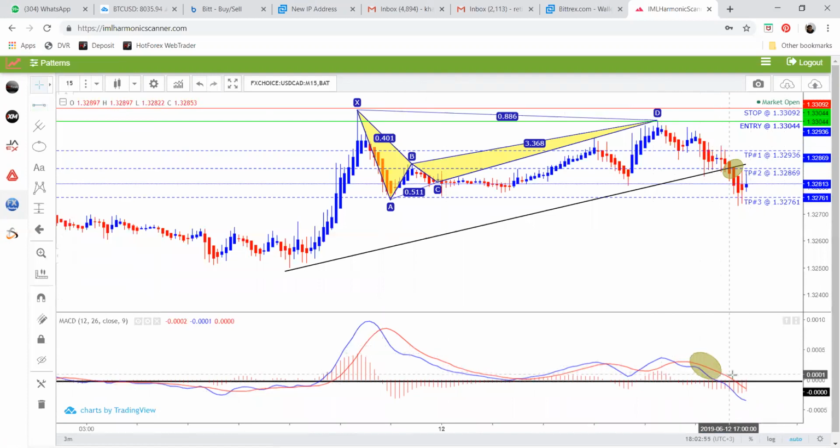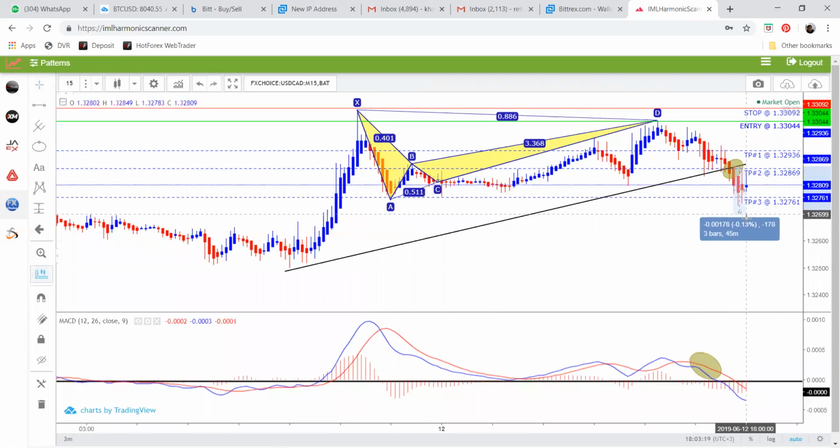And then confirmation number three, both lines crossed over, and that was on this candle right here, as you can see. So we entered this trade looking 10 to 20 pips. We got 10 pips right here in the market. 20 pips we have not got as yet, but 20 pips will basically be down here.